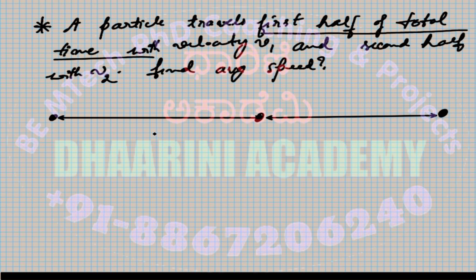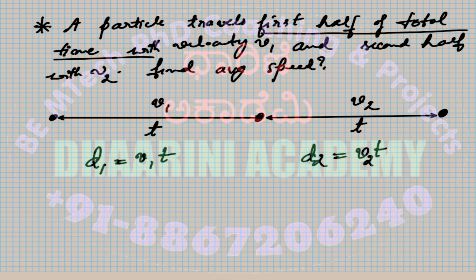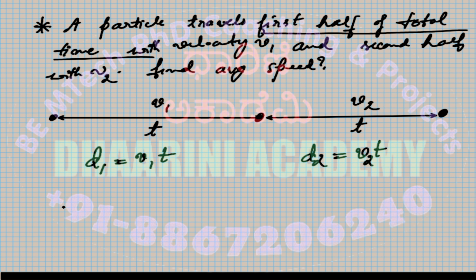See, the time is same. This is t, this is also t. But what changes is this is v1, this is v2. So what is the distance, right? The distance d1 in the first duration, first half of the time, the distance covered is velocity into time, so v1 into t. What is d2? v2 into t. Okay, so v average is total distance. Total distance is d1 plus d2, correct? Divided by total time, t plus t, that is 2t.